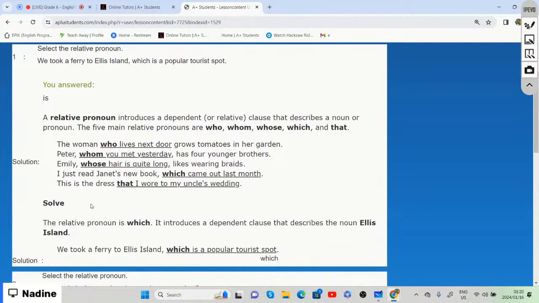And then Peter, whom you met yesterday, has four younger brothers.